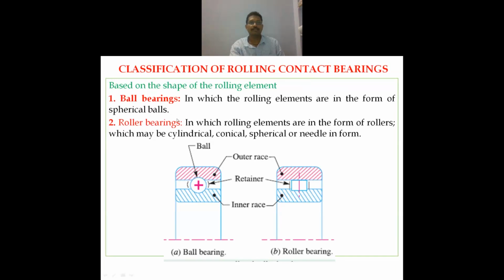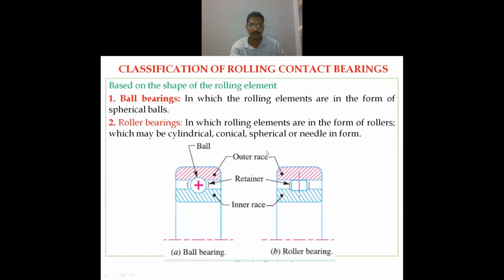Now coming to classification of rolling contact bearings based on the shape of the rolling element, there are two types: ball bearings and roller bearings. In ball bearings the rolling elements are in the form of spherical balls. In roller bearings the rolling elements are in the form of rollers, which may be cylindrical, conical, spherical or needle in form.